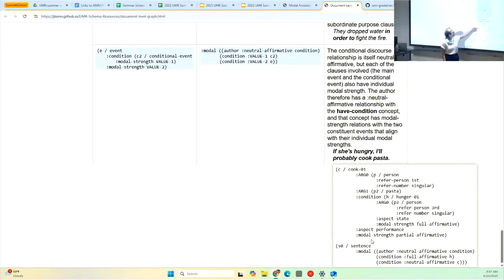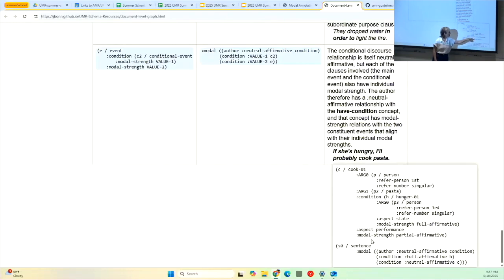So, if she's hungry, that's the condition, I'll probably cook pasta. So, cooking pasta is partial affirmative because it's probably. If she's hungry, if she is hungry, not if she's maybe hungry, but if she is definitely hungry, I will probably cook pasta.